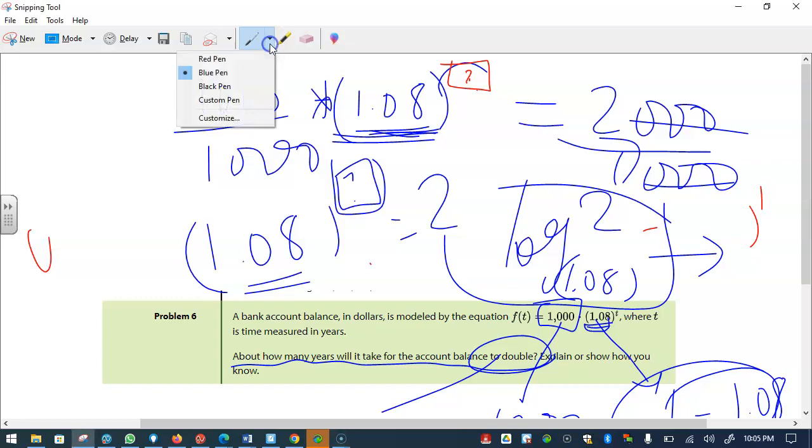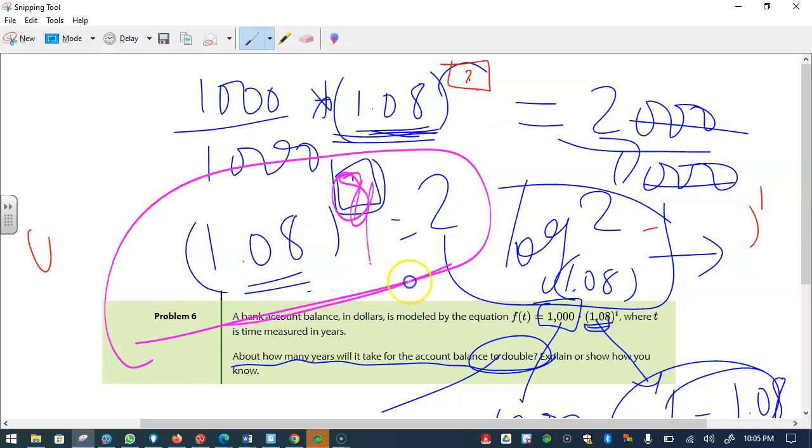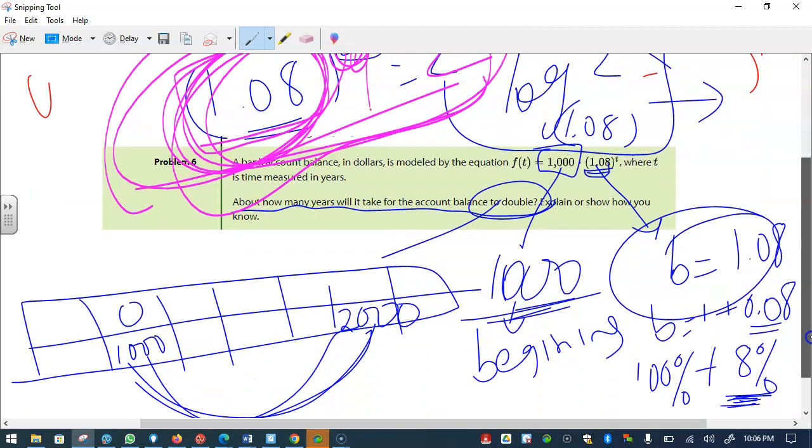As I said, you can just multiply. How many times? I think it is 7 or 8 or 9. You just figure it out yourself, and when you get 2, you're done. So the question is, how many times do you multiply this 1.08 to get 2? Hope this will help.